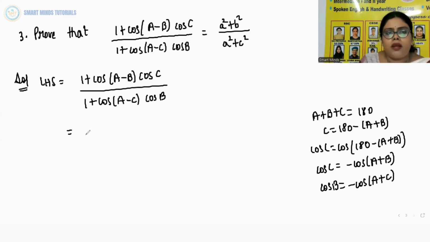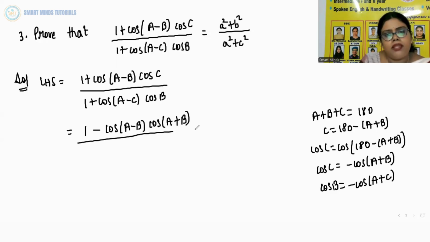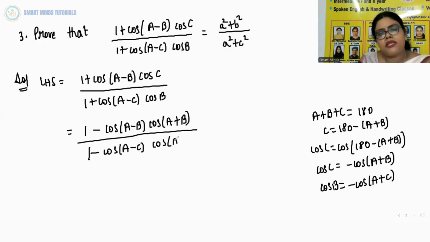So that is 1 minus cos(A minus B) cos(A plus B) by 1 minus cos(A minus C) cos(A plus C).